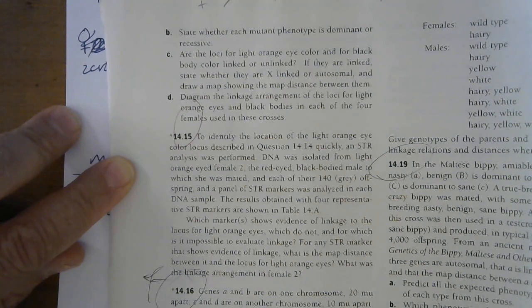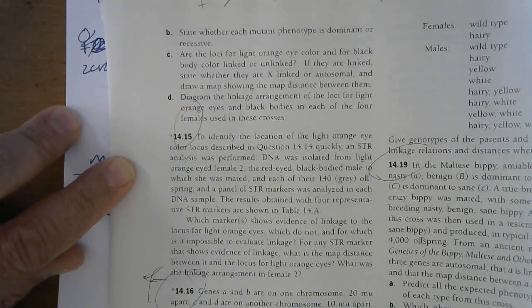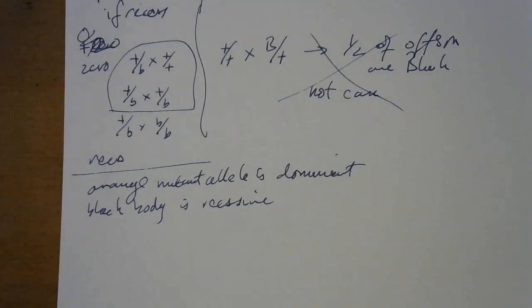Are the loci for orange and black linked or unlinked? That's what we were just thinking. Are they X-linked or autosomal? Notice they don't mention Y-linked because that's clearly not. And then: a diagram of the linkage arrangement of orange and black for each of the 4 females used in these crosses. That means 0, 1, 2, 3.